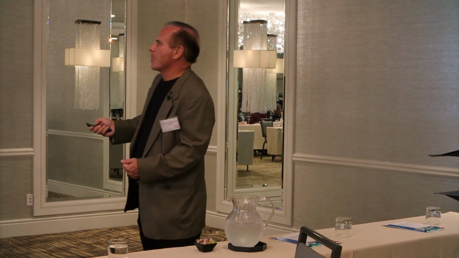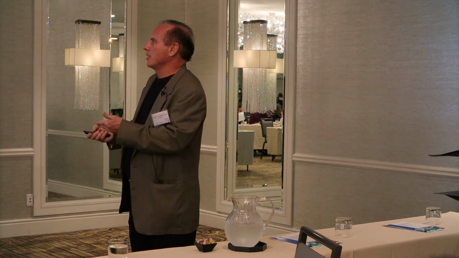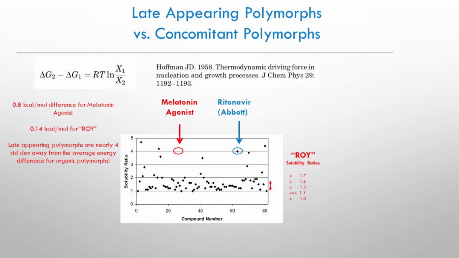The ones that are really hard to nucleate oftentimes are the ones that have the highest difference in energy. The ones that nucleate more readily, the first appearing ones, are the ones that are metastable, and that's been known for years. But basically, melatonin and ritonavir, the late appearing polymorphs, or the difficult appearing polymorphs, differed by 0.8 kcal per mole, so they are at the extreme for polymorphs.